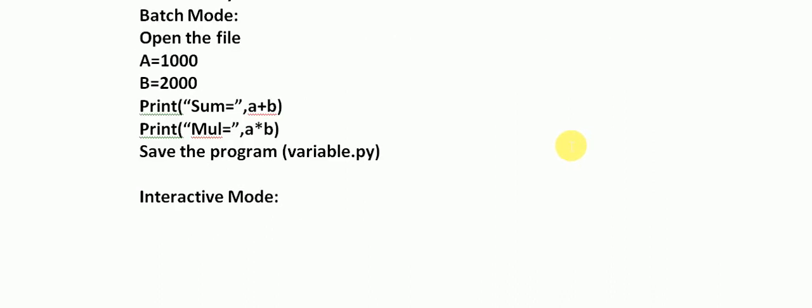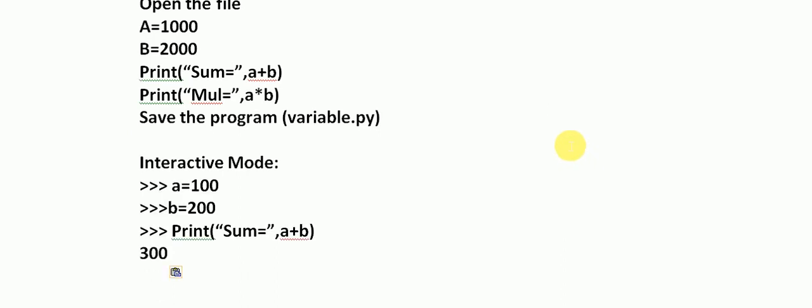The second one is interactive mode. In this mode, we execute statements line by line. First we write a equals 100, then we click enter, and the next prompt is shown here.